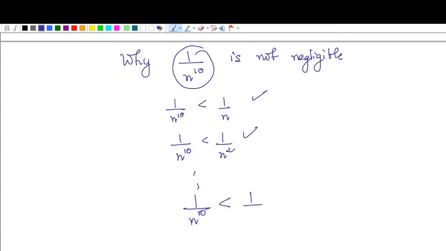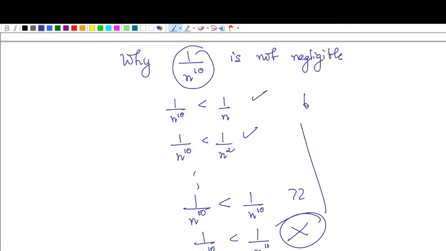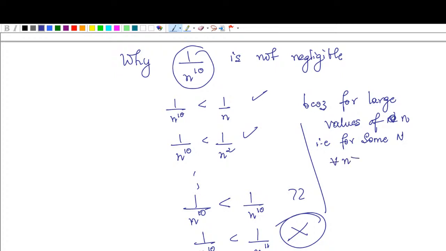Is 1 over n power 10 less than 1 over n power 10? Well, we don't know. But what about 1 over n power 10 being less than 1 over n power 11? This is simply wrong, because for large values of n, and when I say large values of n, that means for some capital N such that for all small n greater than or equal to N. What exactly is this value of capital N?